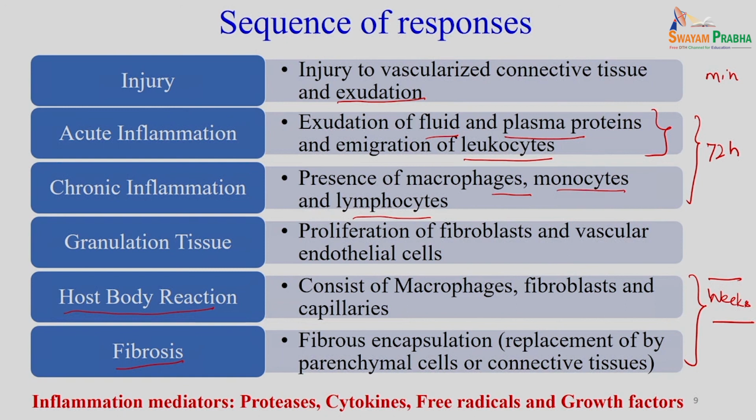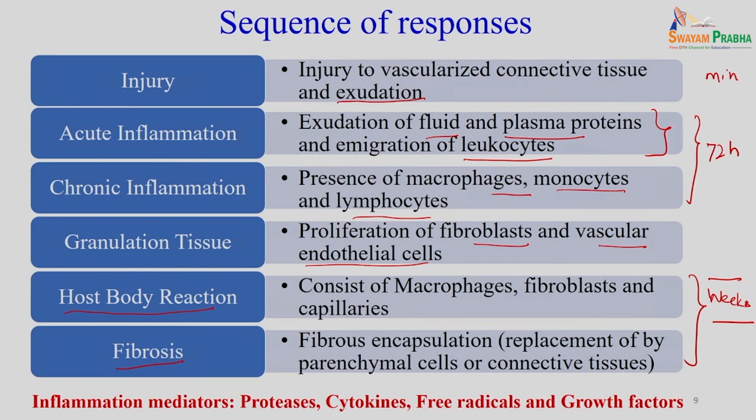Then, following the chronic inflammation, there is granulation tissue. It means there is a proliferation of fibroblasts and vascular endothelial cells, and they end up as granulation tissue.